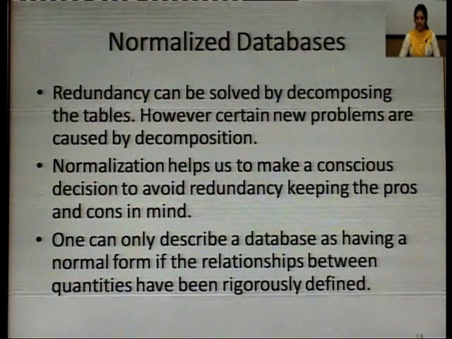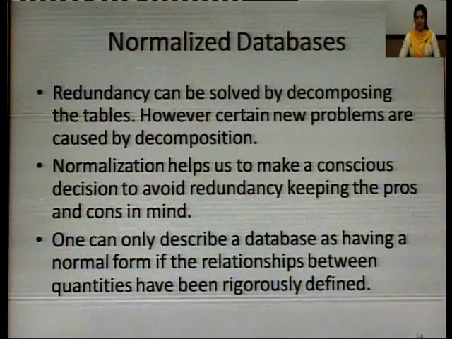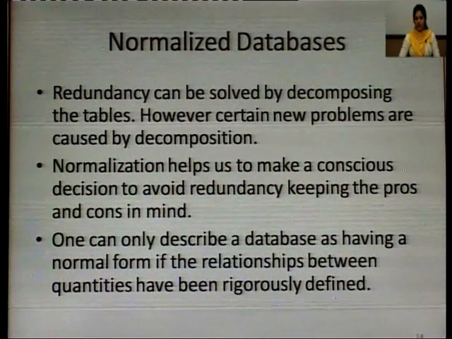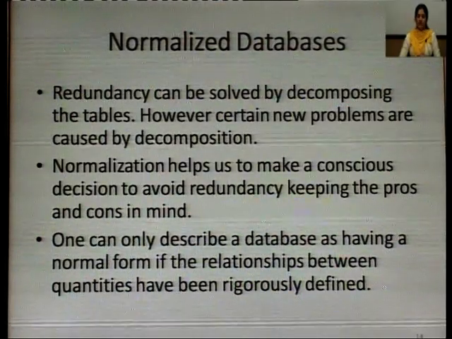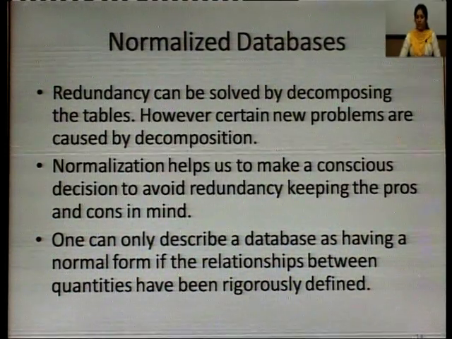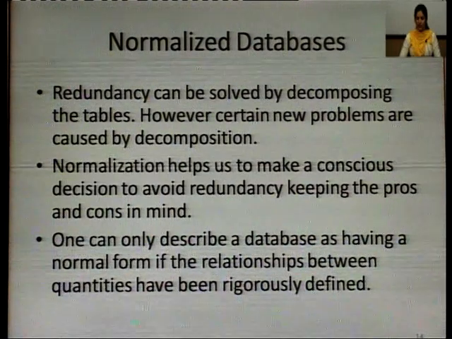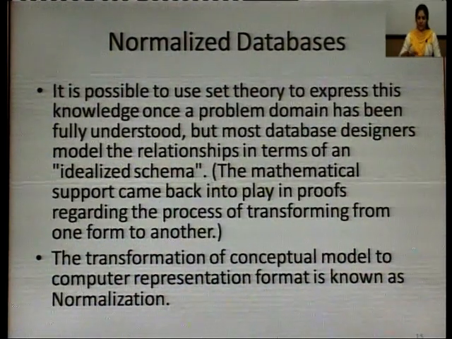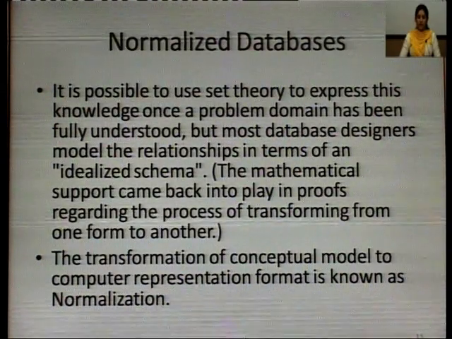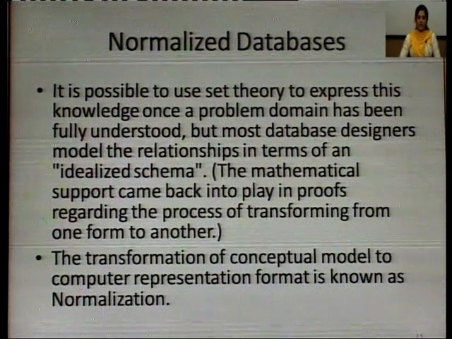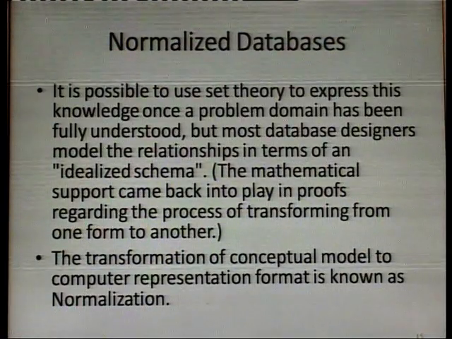One can only describe a database as having a normal form if the relationship between quantities has been rigorously defined. The relationship between attributes and between the relations should be defined properly. How two relations are related to each other, and on what basis, should be clearly defined by the database.